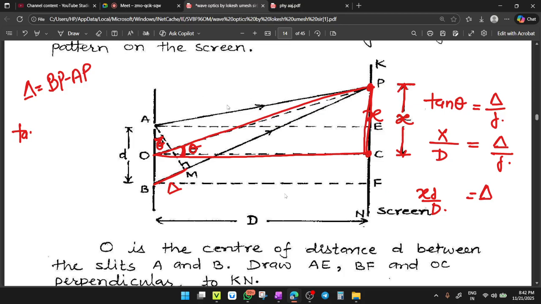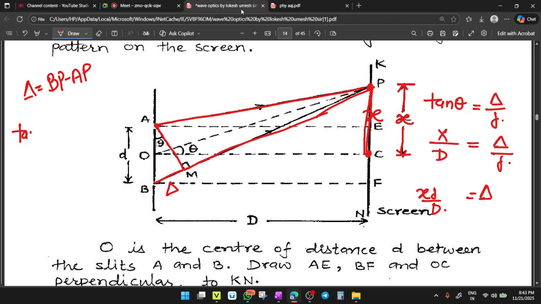So students, actually here the value of the path difference delta is taken as x d upon D. How? Let us see in this diagram. If these waves interfere at an angle theta, then this would be the path difference between the two interfering waves, because this is the length A to P and this is B to M. If you draw the perpendicular, then this length is the path difference.